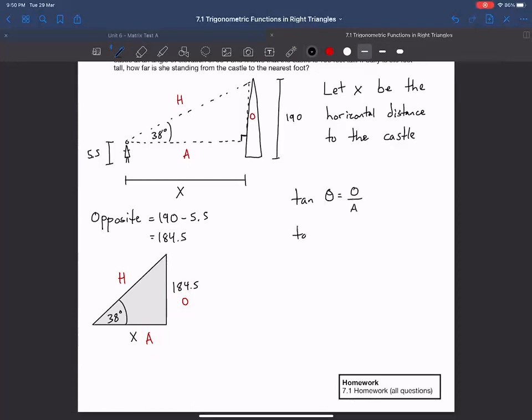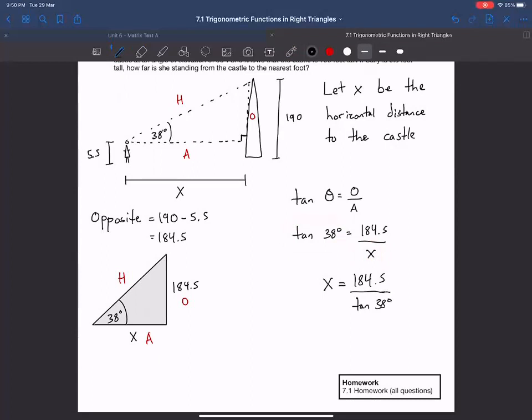So tangent of 38 degrees, which is my angle, is 184.5 divided by x. So now we want to solve for x. By cross multiplying, or swapping the locations of tan 38 and x, we get that x is equal to 184.5 over the tangent of 38 degrees.